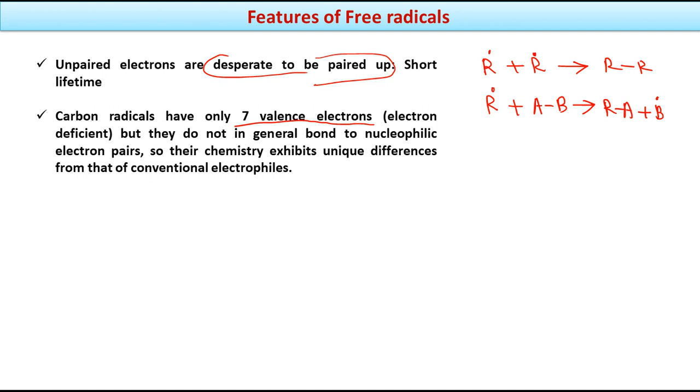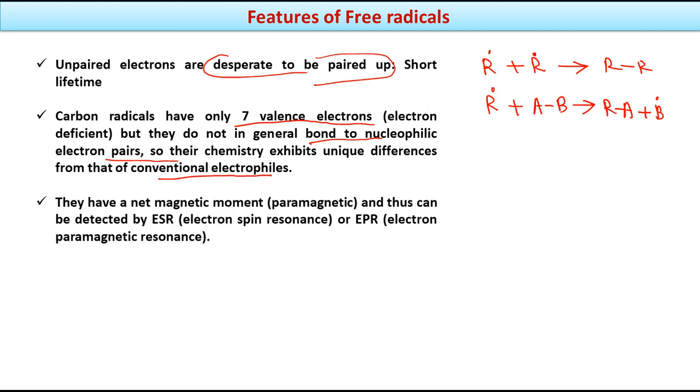But in this case, they do not in general bond to nucleophilic electron pairs. So there is some unique difference if we compare with conventional electrophiles. Their behavior, it is not necessary that they will behave like electrophiles. In some cases it may behave so, but that is not necessary. So these two are different.